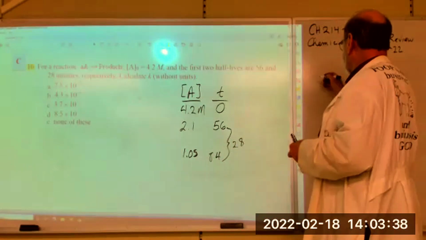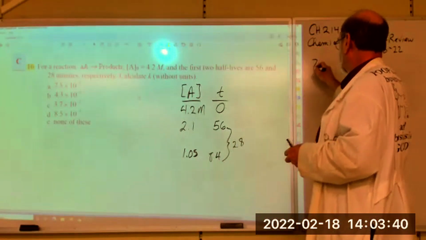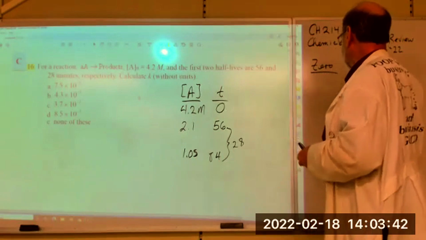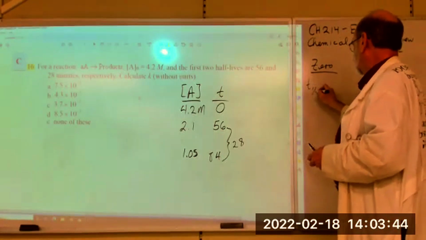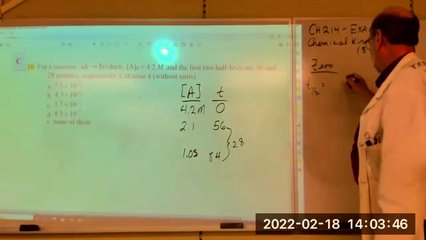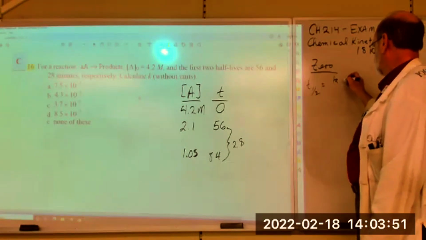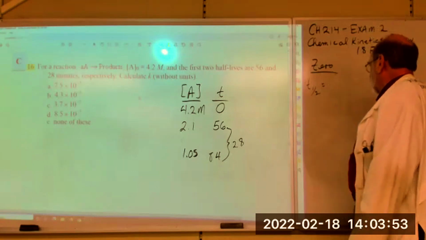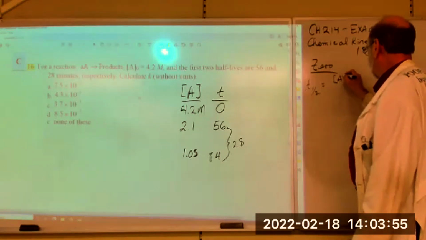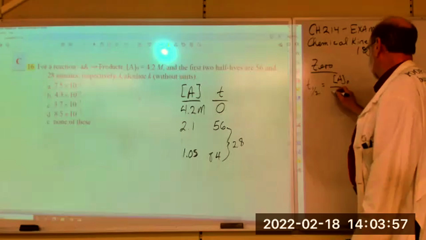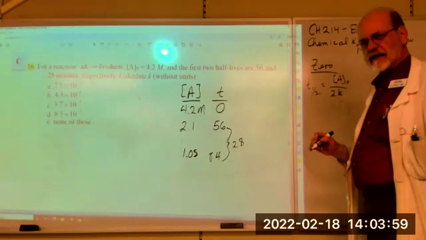So the zero order: half-life equals A0 over 2K, I think. Yep.